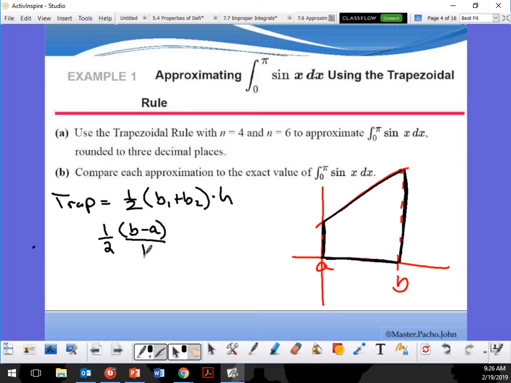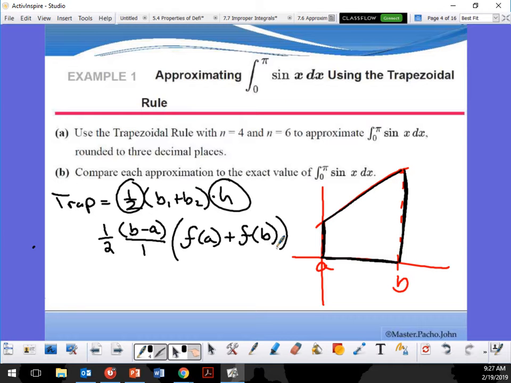That's my height, and I've taken care of the half. This is going to be times my function, f of A plus f of B. That makes sense now, right?